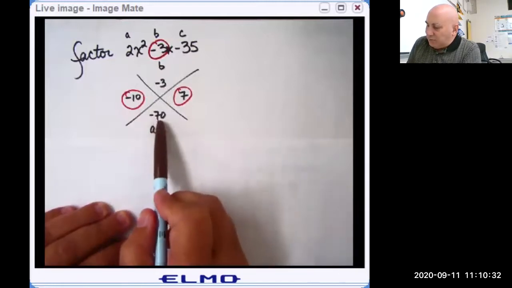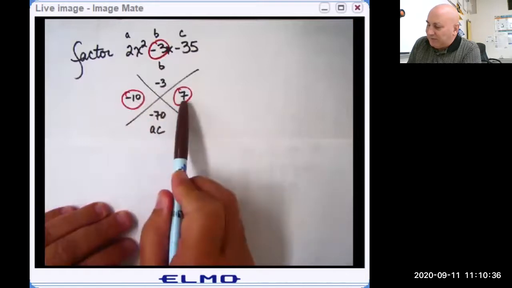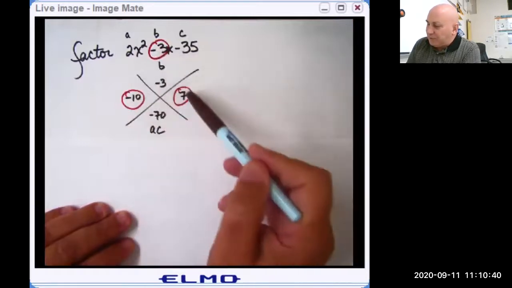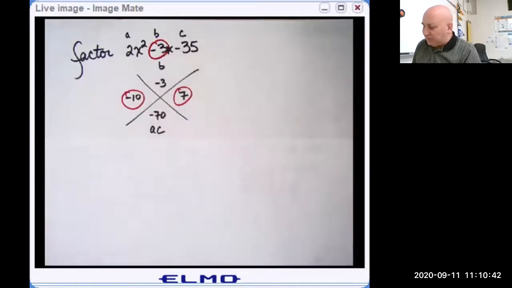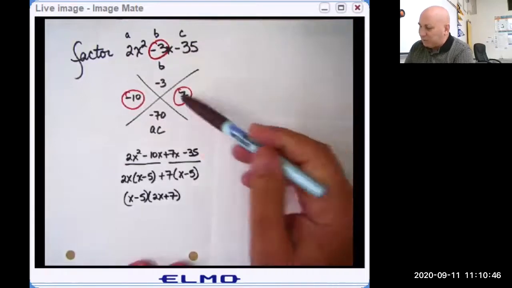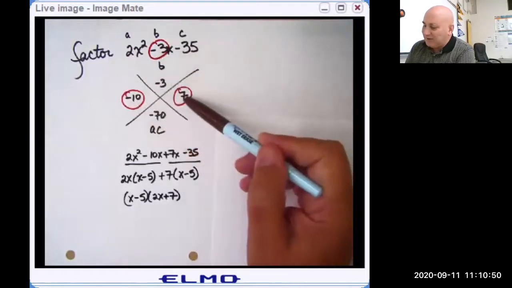So I need two multiples of negative 70 that add to negative 3. Well, those are negative 10 and 7. And you'll notice I've circled all three of those, because I'm going to rewrite negative 3x as negative 10x plus 7x.